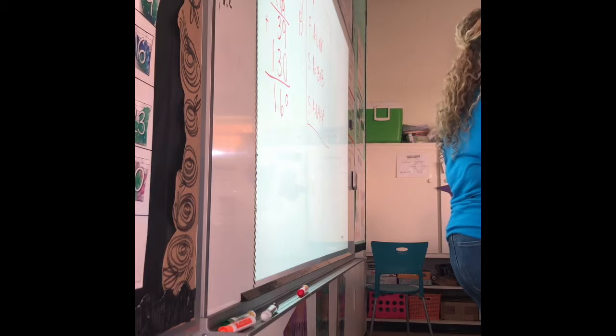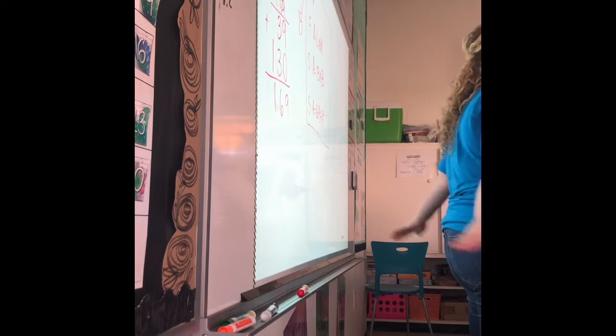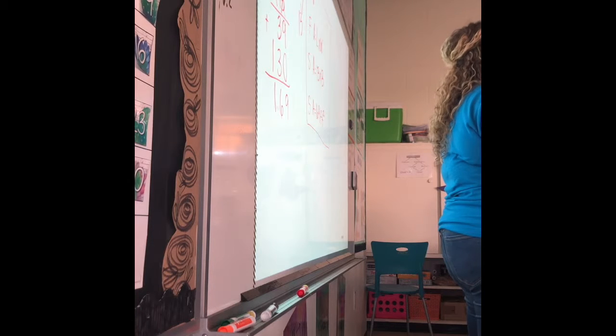Inside. Inside of an object. Okay? What is the formula for area? Y'all say it. Area equals length times width. Okay? So area measures the inside of an object. The formula for area is Area equals length times width.